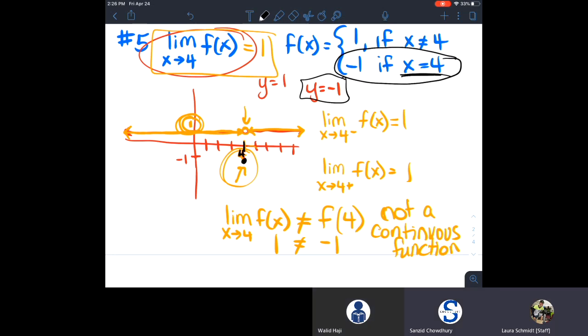If you did a line, that would include 4.1, 4.2, 4.3. Since it's only when it equals 4, anytime you see the equals part, it will always just be a dot. Okay. That is a weird question.